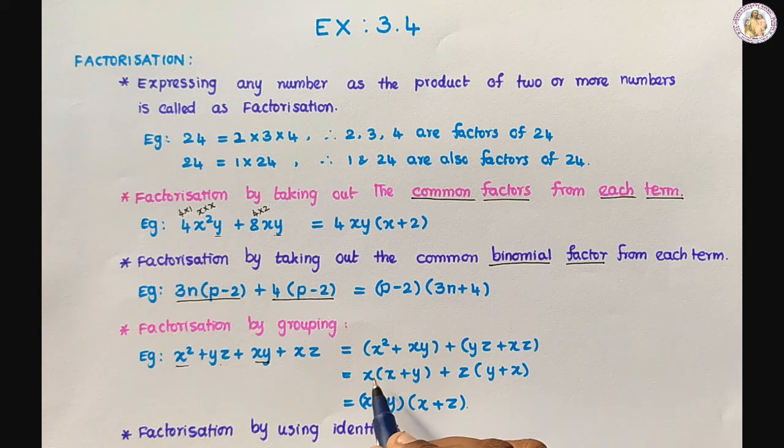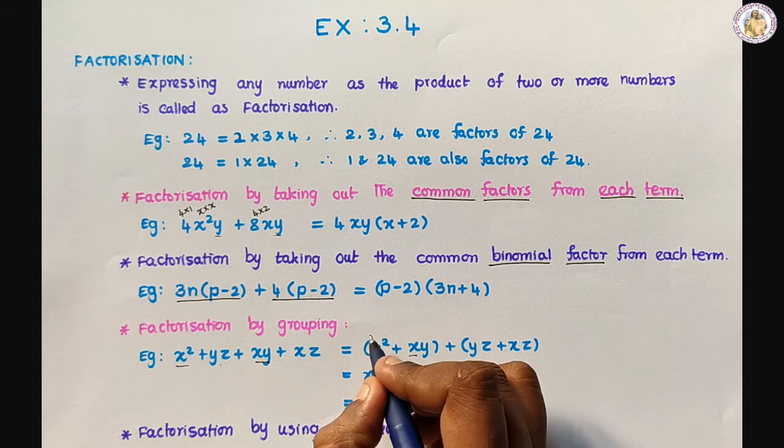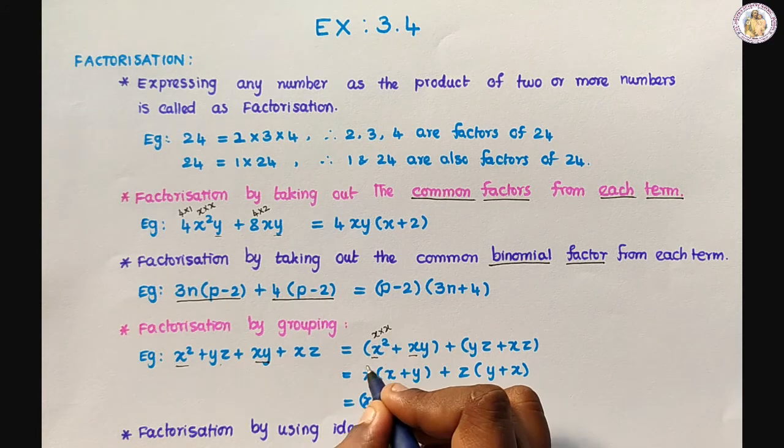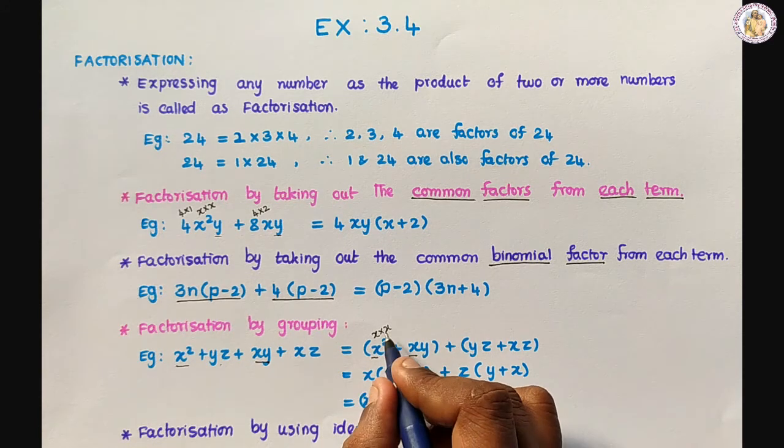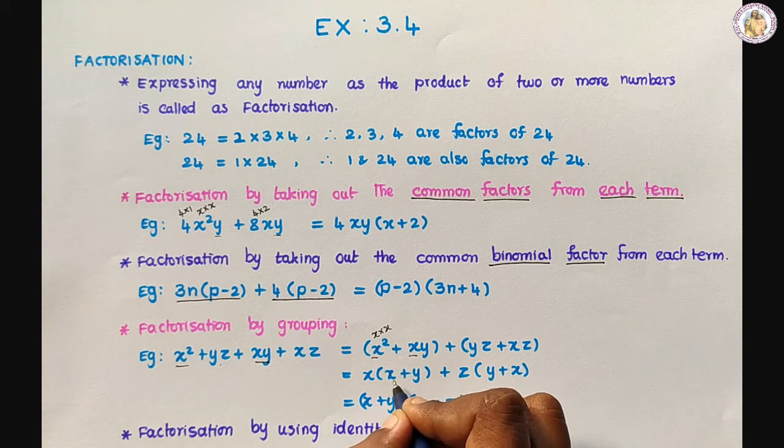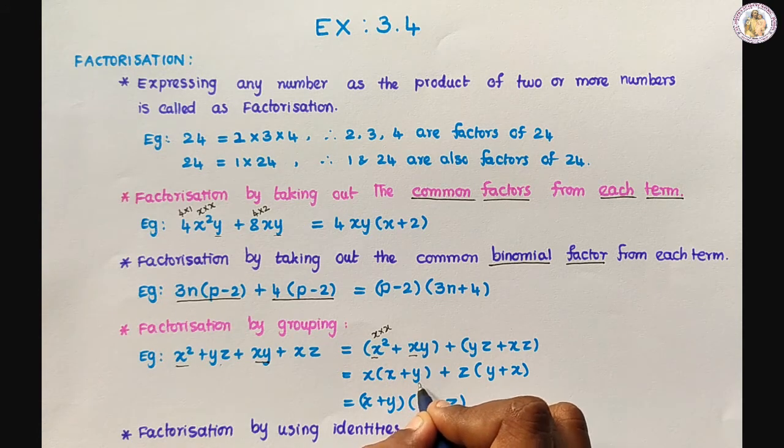In the first group, x is common in both terms. x square is x into x. So taking out x, the balance is x plus y.